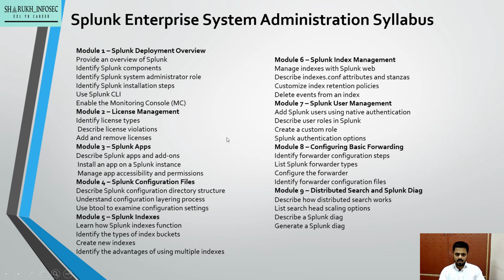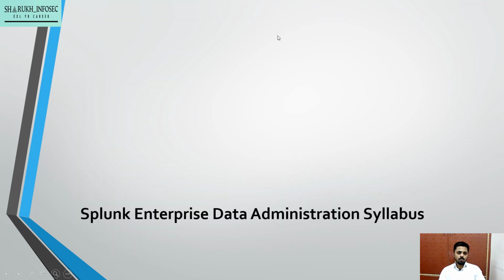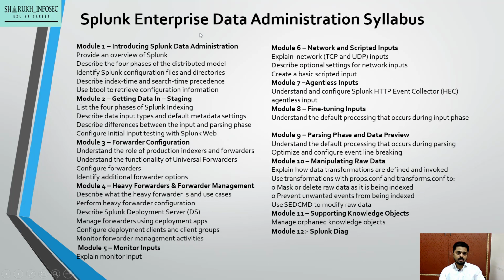Again, there are more than 8 labs attached with the system administration course. Moving on to the next part, that is the Splunk Enterprise Data Administration syllabus. This is mainly about onboarding data and managing it. Again, there are around 12 modules. We are going to introduce you to the Splunk data administration concept, the difference between the data admin and the system admin.